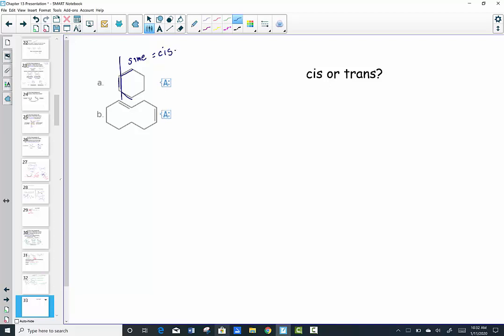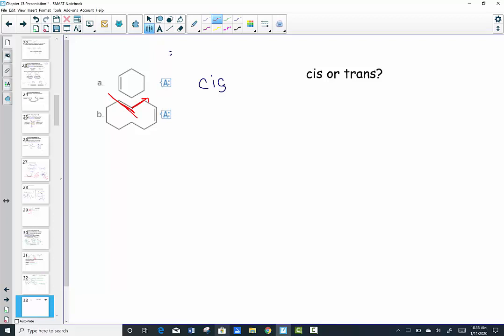How about B? B gives us two different ones to examine. Let's do this first bond here. Now again, what I like to do is just take the line of the double bond and extend it, and that becomes the plane of the double bond. Look at the carbon group goes in that upward direction on one side, and it goes in a downward direction on the other side. If one's up and one's down, that one happens to be trans.